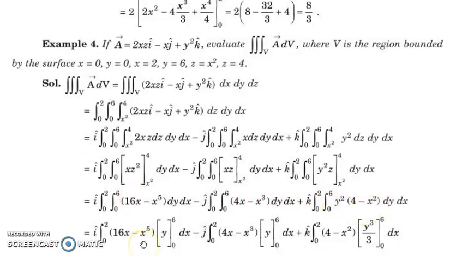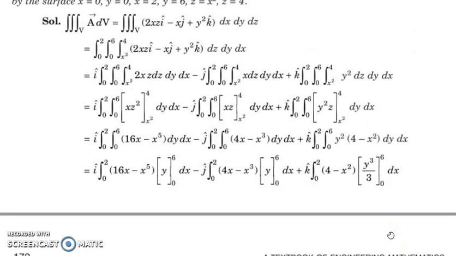Next, with y, you now have constant limits of integration, so do it as you usually evaluate a double integral. Integrating with respect to y, you will get 16x minus x raised to 5, times y from 0 to 6, dx. Then minus j integral 0 to 2 of 4x minus x cube times y from 0 to 6 dx. Then k into integral 0 to 2 of 4 minus x square times y cube by 3 from 0 to 6.